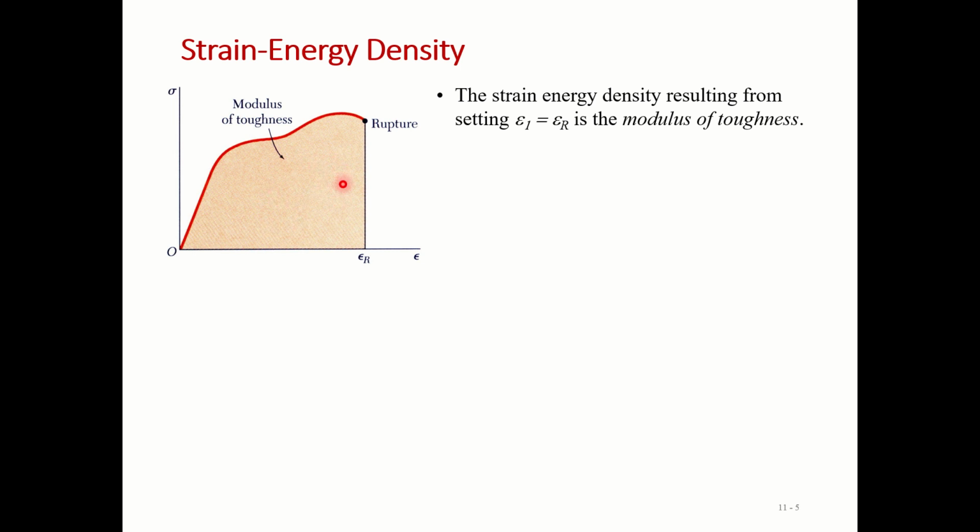So most of the materials, if they are ductile, having higher span of this stress strain diagram, they are usually more tough as compared to the brittle material. So ductile materials are considered as tough materials. So the area under the stress strain diagram gives us this property, which is called the modulus of toughness.